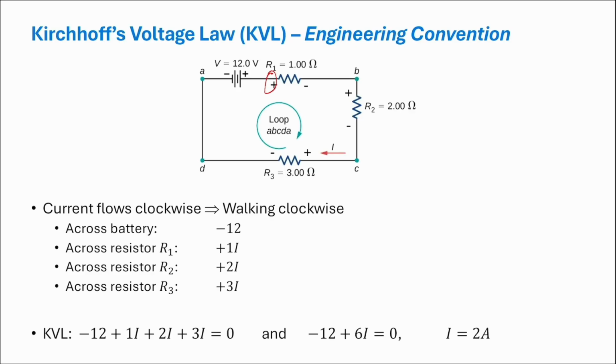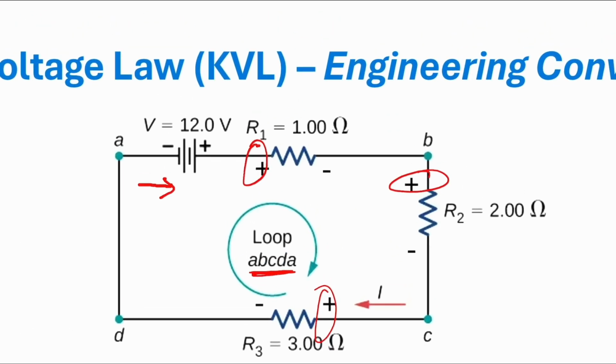This is positive, this is positive, this is positive. And we analyze the loop following the current. Now we start from the battery. It enters the battery from the negative side, so this is negative 12.